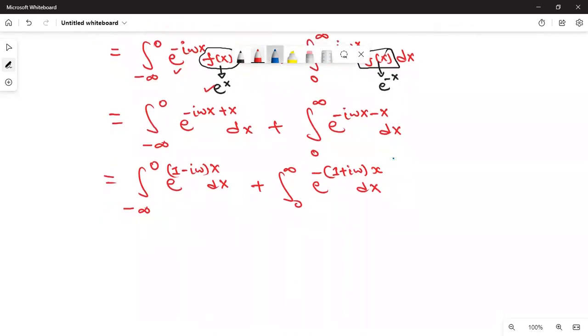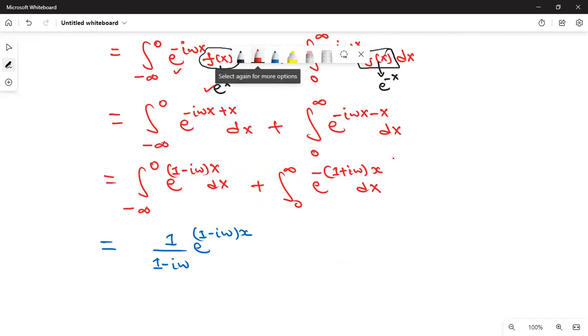When you integrate these, in the first one, remember we are integrating, so we are going to get 1 over (1 minus iω) times exponential (1 minus iω)x.